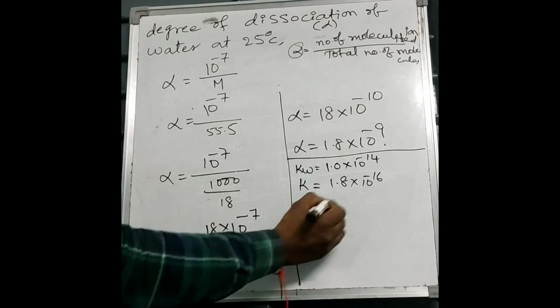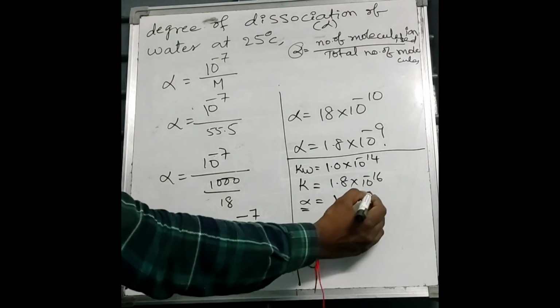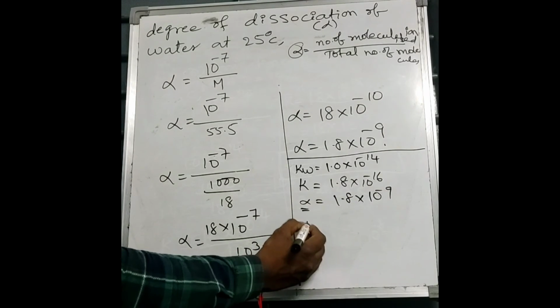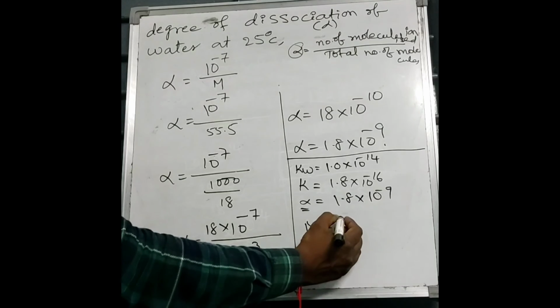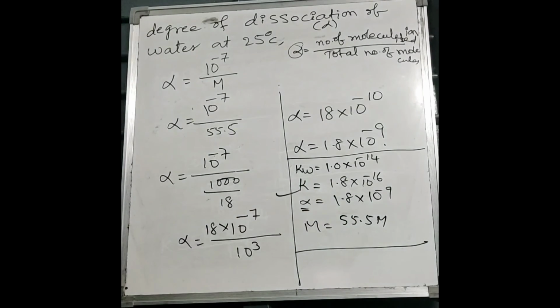What is the alpha value, the degree of dissociation? 1.8 into 10 power minus 9. And what is the molarity of pure water? 55.5 M. So these values will help us to calculate many problems regarding the ionic product of water in ionic equilibrium.